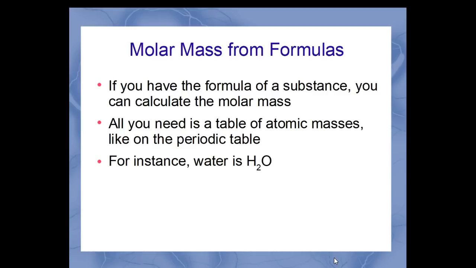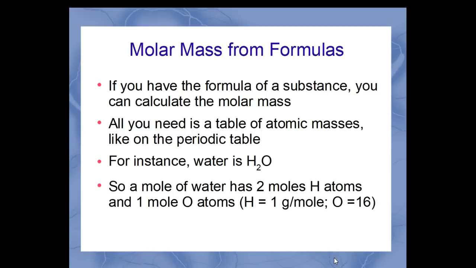It has 2 atoms of hydrogen for every atom of oxygen, which means it has 2 moles of hydrogen atoms to every 1 mole of oxygen atoms. Now, a mole of water has 2 moles of hydrogen atoms and 1 mole of oxygen atoms.